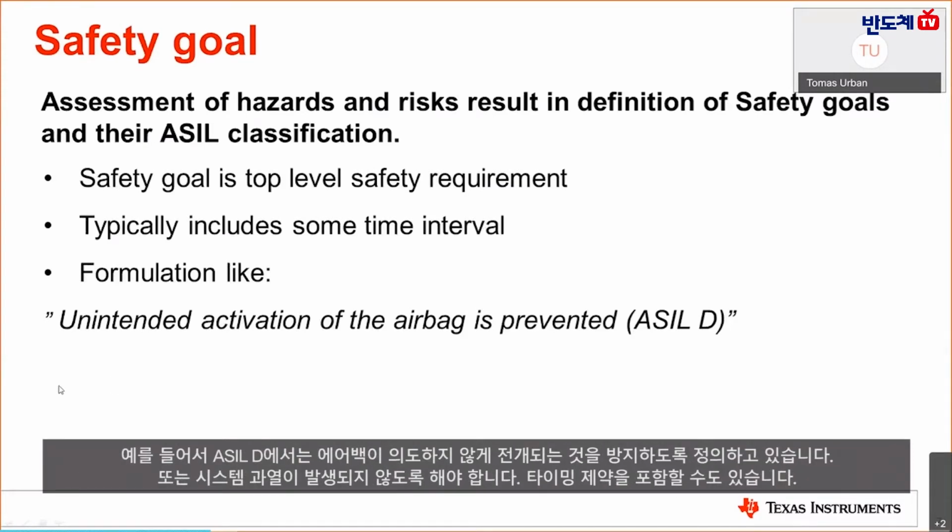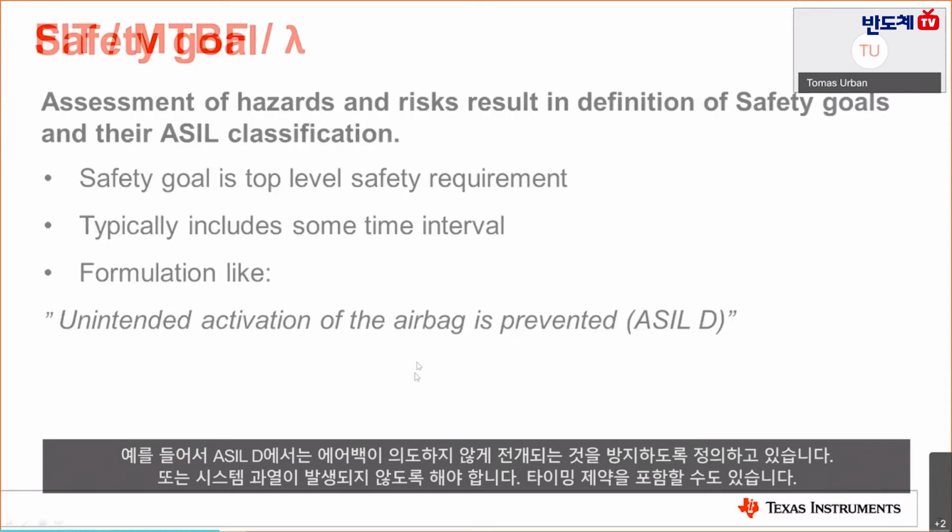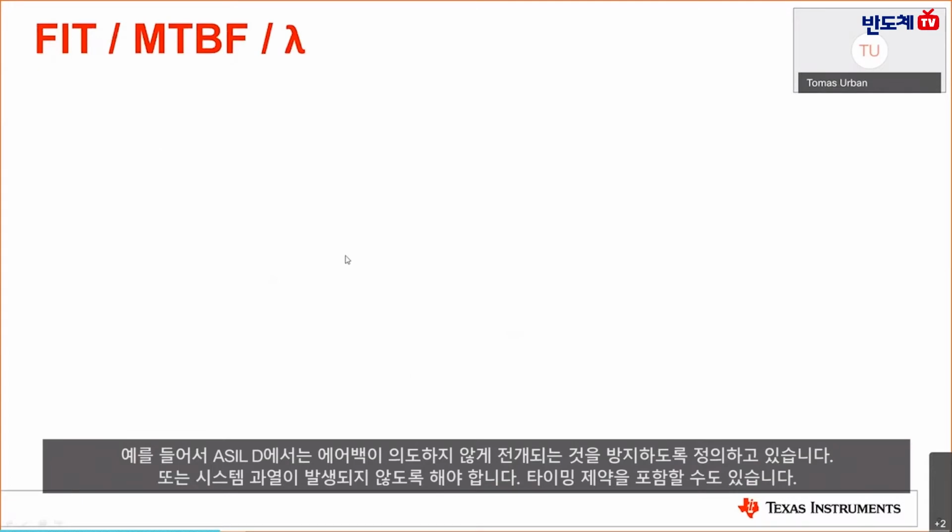So usually we use wording like "unintended activation of the airbag is prevented" with ASIL D classification, or "avoid overheating of the system", usually really simply formulated with no further details. It may contain also a timing constraint.